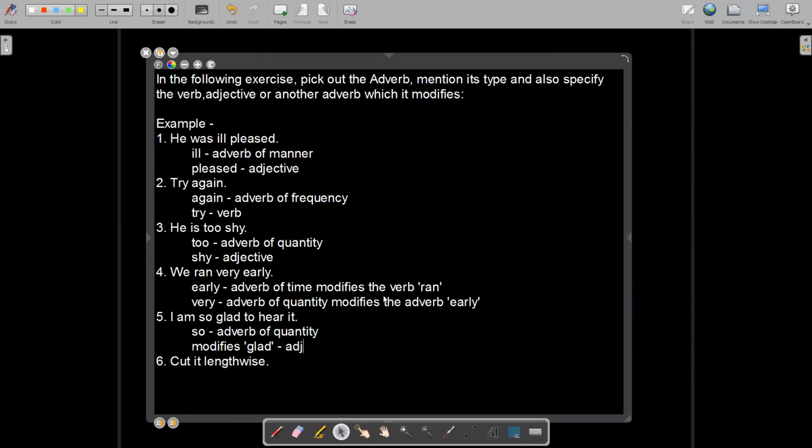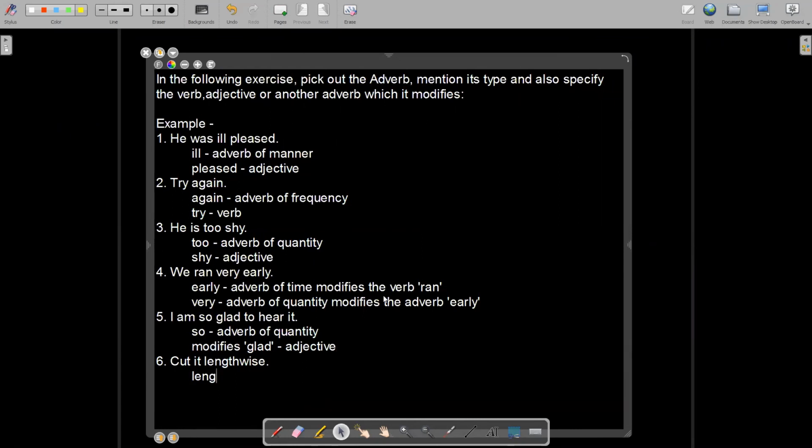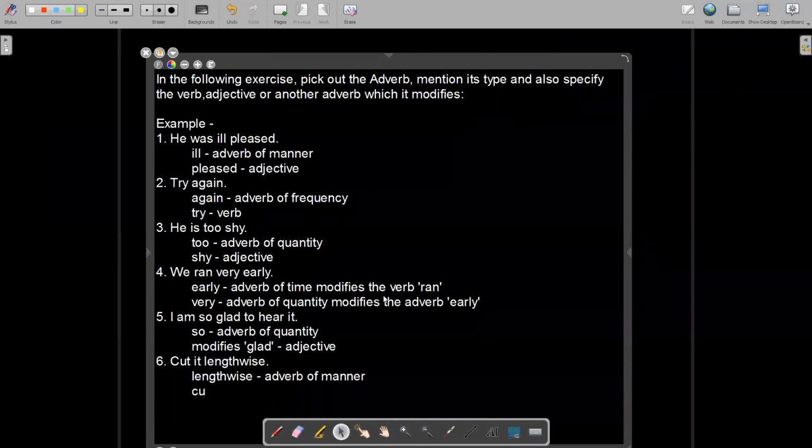And glad is what? Adjective. Okay. Cut it lengthwise. So lengthwise, that is adverb of manner. And what am I trying to do? Cut it lengthwise. That is how it has to be. What is being done lengthwise? It is being cut. So cut is the verb which it modifies. Is this clear to everybody? Is adverbs clear to everyone?